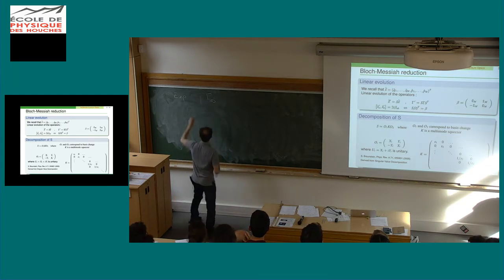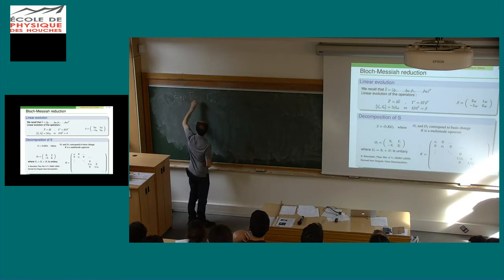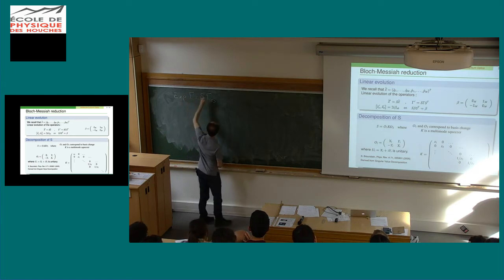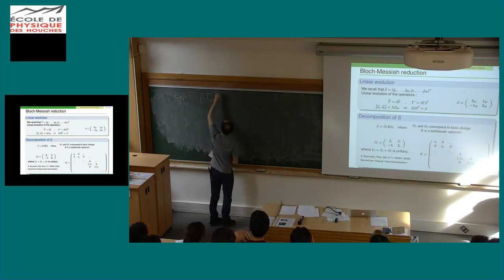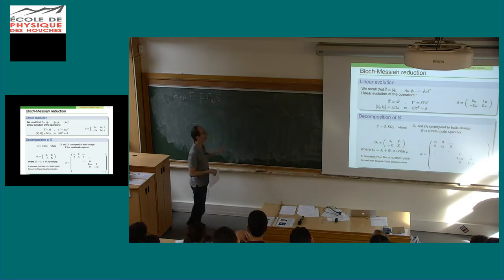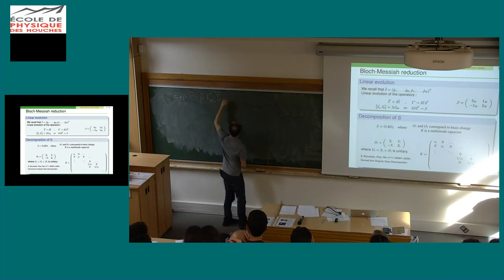So the covariance matrix at the output of your experiment will be of this form: S transpose, in these directions. So this is the vacuum, and this is your evolution. But this is the covariance matrix of the vacuum, it's an identity.